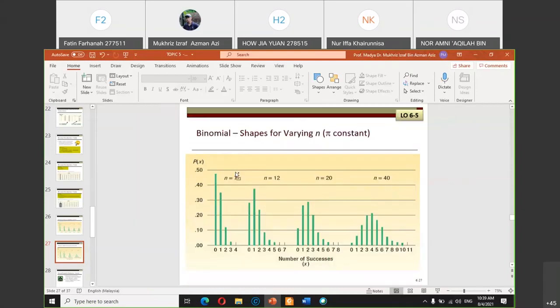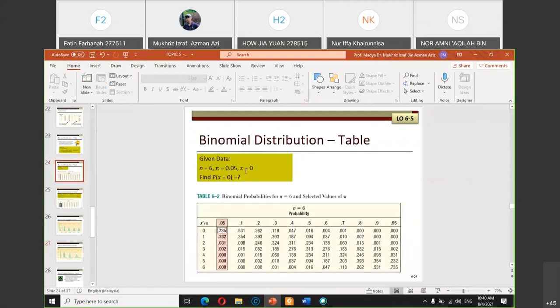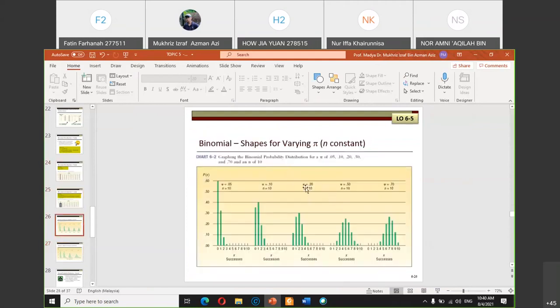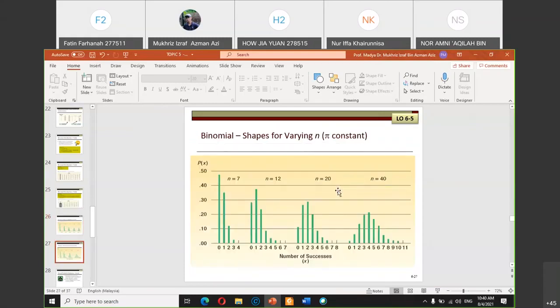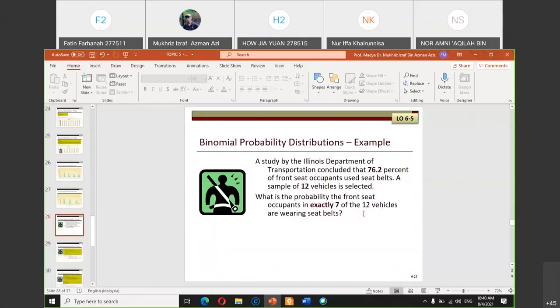So those are the two observations you get when we change pi or n, and what happens to the shape of the binomial distribution.